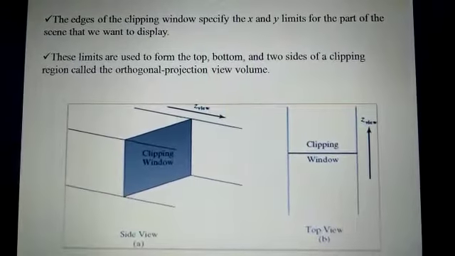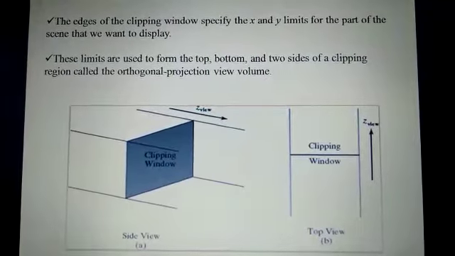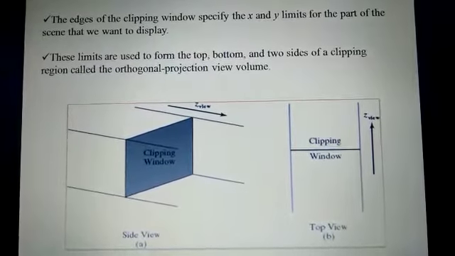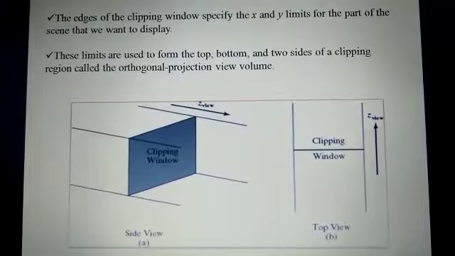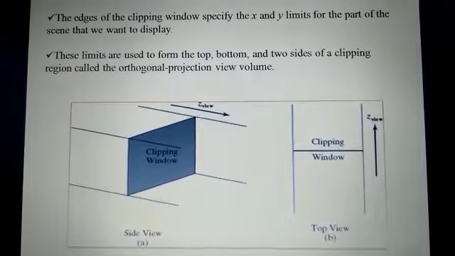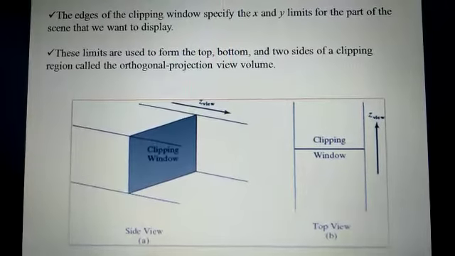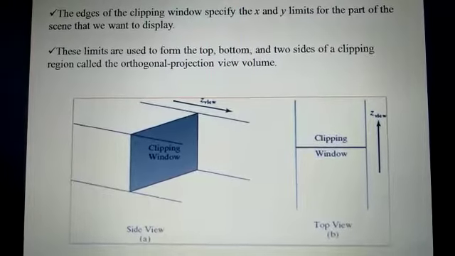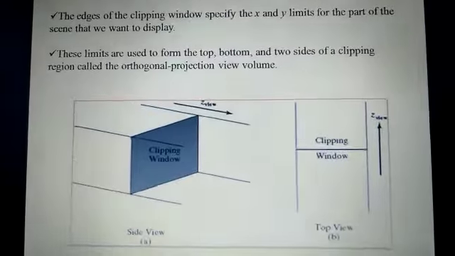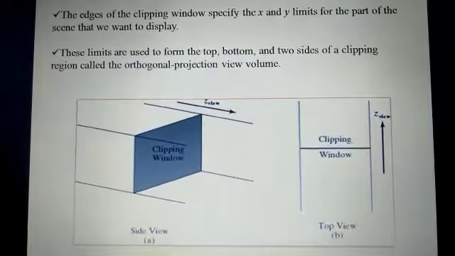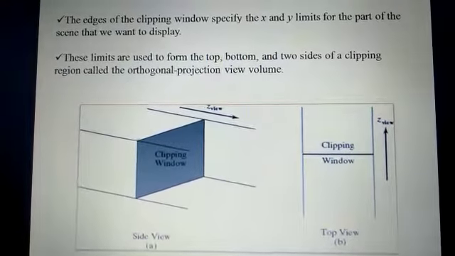The edges of the clipping window specify the X and Y limits for the part of the scene that we want to display. So we can elevate them so that we can have side view, front view, top view, bottom view, like that. These limits are used to form the top, bottom and two sides of a clipping region, which is called the orthogonal projection view volume.